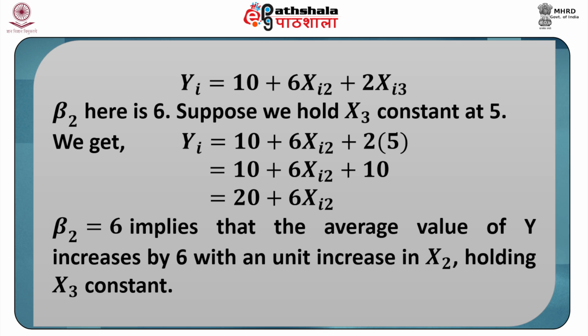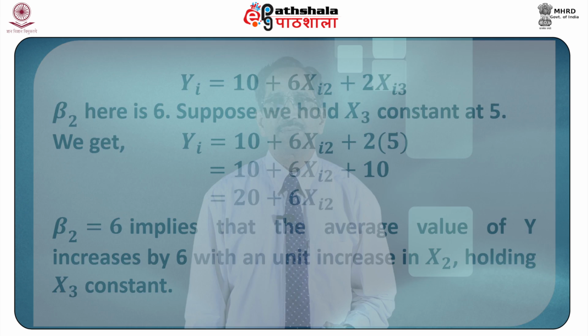The interpretation remains the same irrespective of the value at which x3 is held constant. The value does not affect the slope parameter as it is summed up with the intercept. You must have observed that the value 10 is added with the intercept 10 to give us a new intercept of 20.